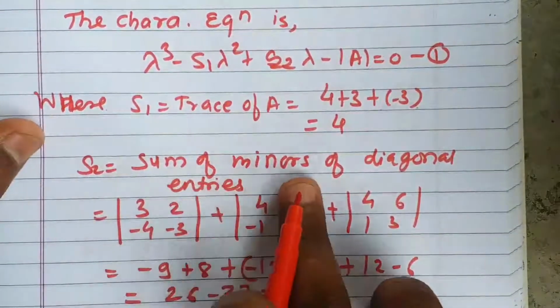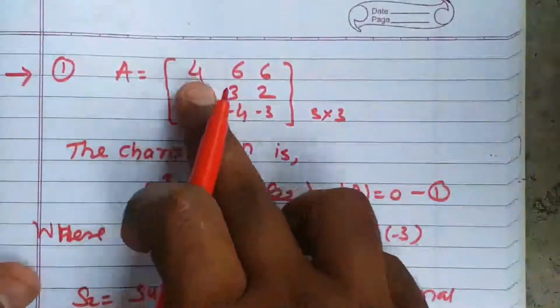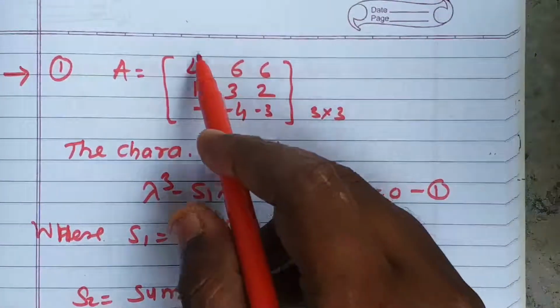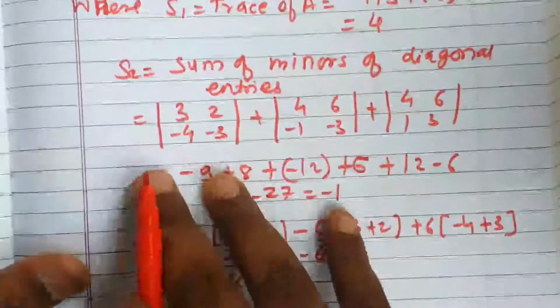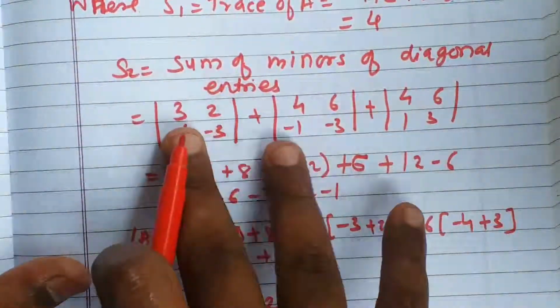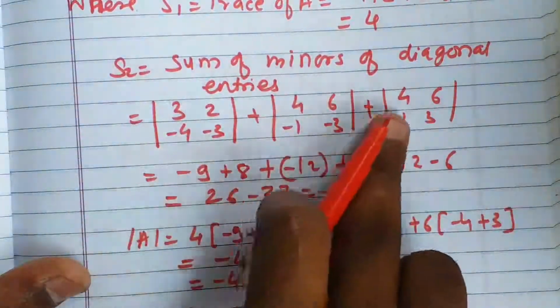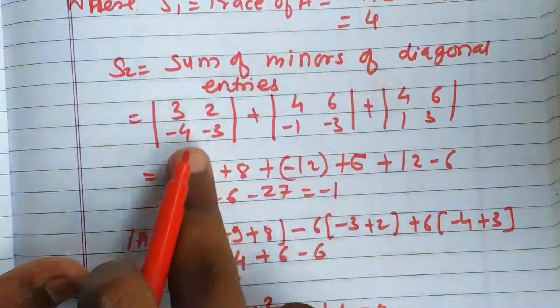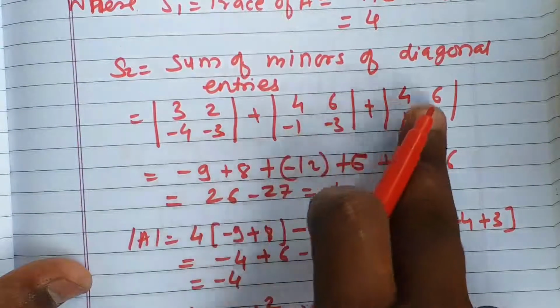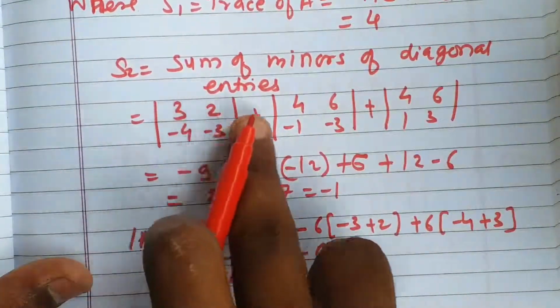S2 is the sum of the minors of the diagonal entries. Calculate the minor of this entry, this entry, and this entry. You'll get 3 minors, and add them. That addition will be equal to S2. I have done the calculation for all 3 minors: this is the first minor, second minor, third minor. These are determinants, right?